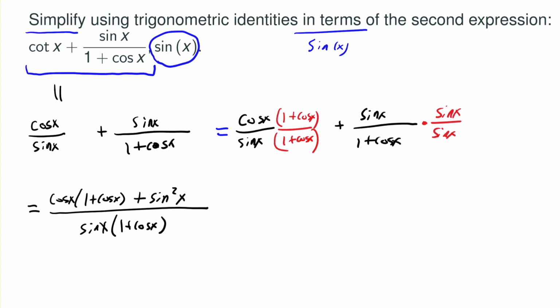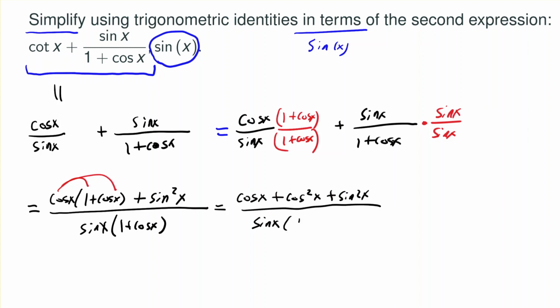This is sine times sine, which is sine squared. So equals, now we can distribute this cosine right here. Then I have cosine x plus cosine squared x plus sine squared x over sine x times 1 plus cosine x.